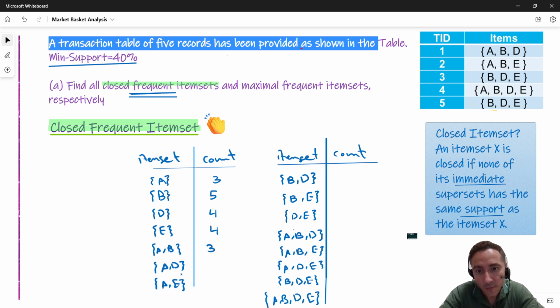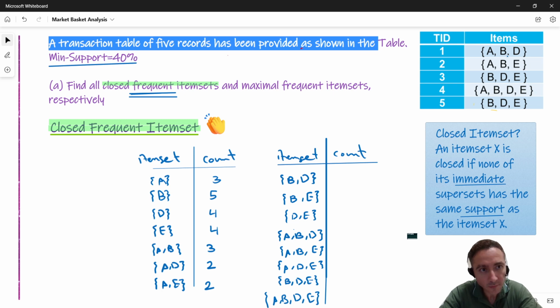So here 3 times. A, D 1, 2 times. AE also 2 times. And try to be careful when you calculate the count, because later the same answer I'm gonna use for maximal frequent, so you will see later.